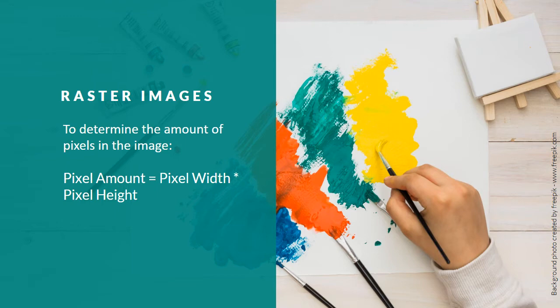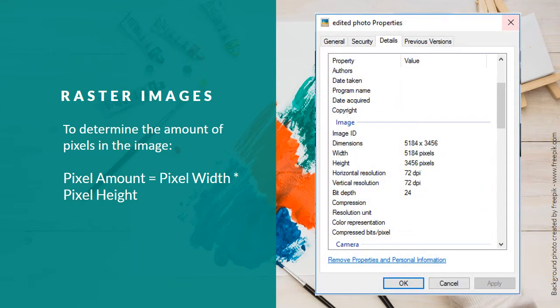If you want to access how many megapixels an image has and you are using a Windows computer, simply right-click on the photo as well, select Properties, and this window will appear. In this window, you click on Details, and under the Image tab, you will find the pixel dimensions. So the pixel dimensions are 5184 by 3456, where 5184 is the width and 3456 is the height.